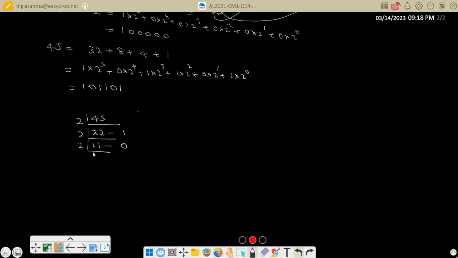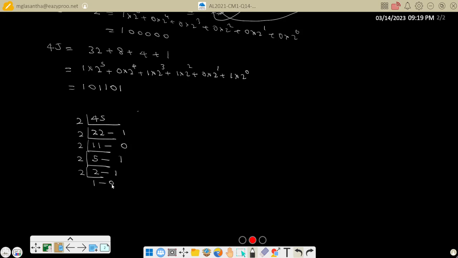Again divide by 2. Quotient is 5. Remainder is 1. Again divide by 2. The quotient is 2. Remainder is 1. Again divide by 2. So this is 1.